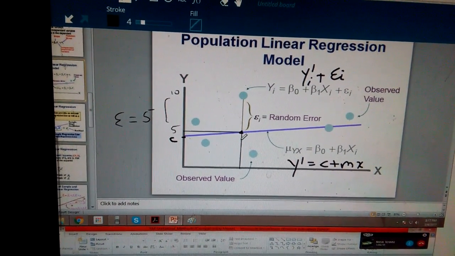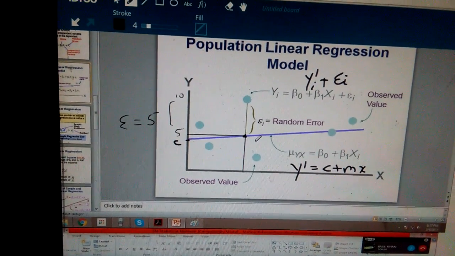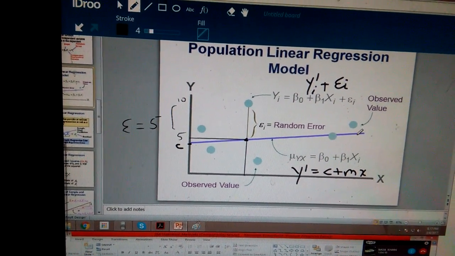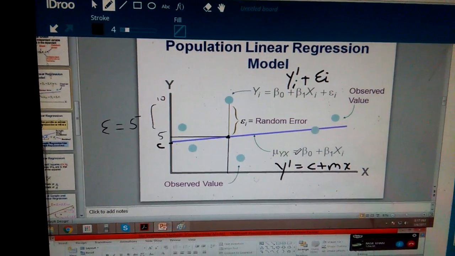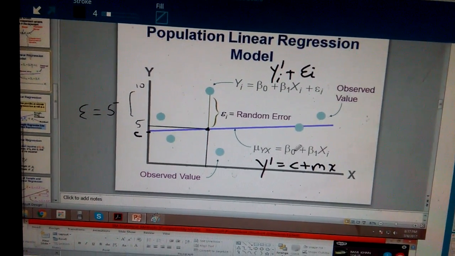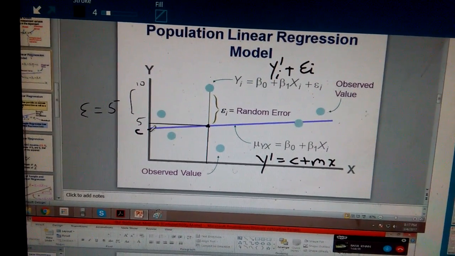I told you in the very first video of mine, correlation part 1, how to calculate the slope of any line. We can repeat it whenever required. So beta 1 is the slope of this line, and beta naught is the y-intercept of this line.